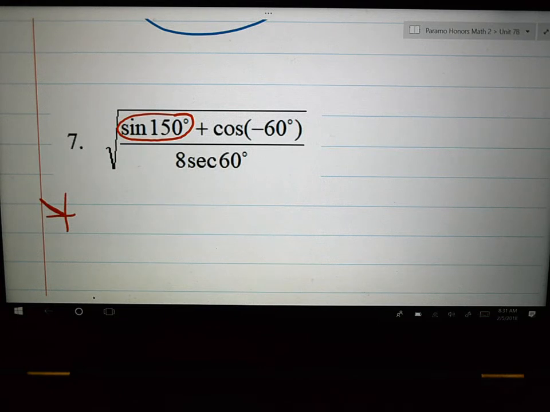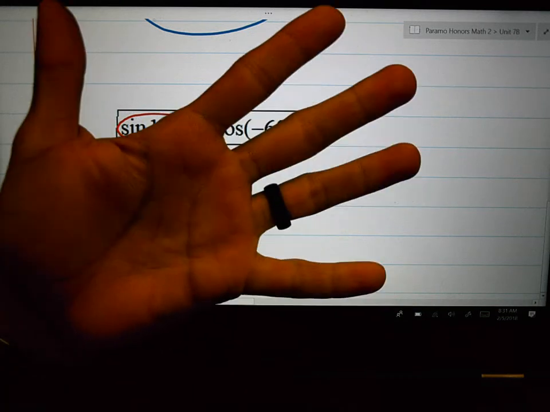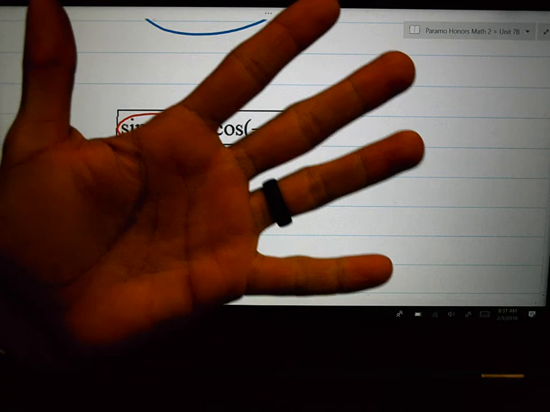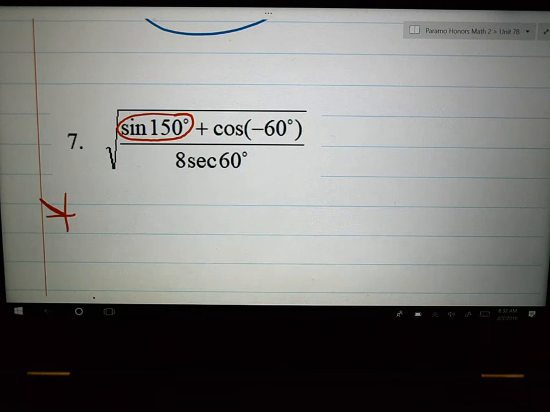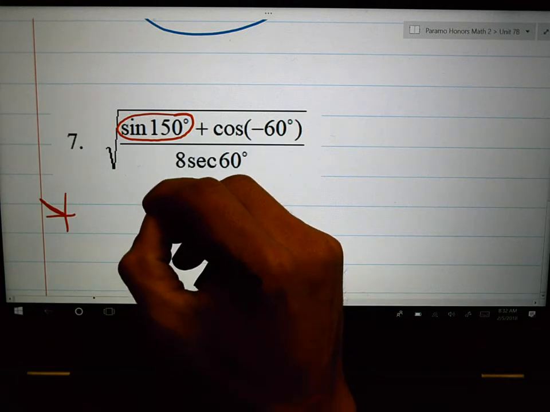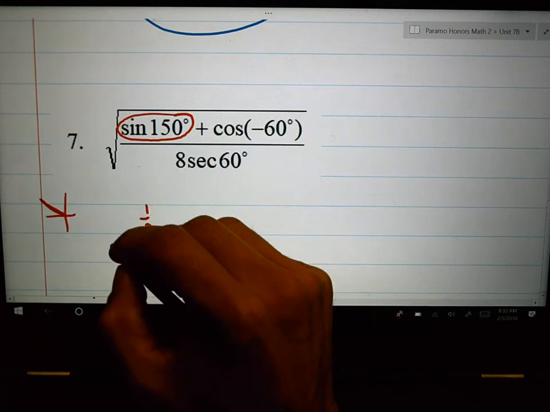And then I think, what's the reference angle? 150 degrees is how close to the x-axis? I hope you think it's 30 degrees. And you fold down that finger and you find your sine, square root of fingers over 2, and you know that that red piece is the same thing as 1/2.